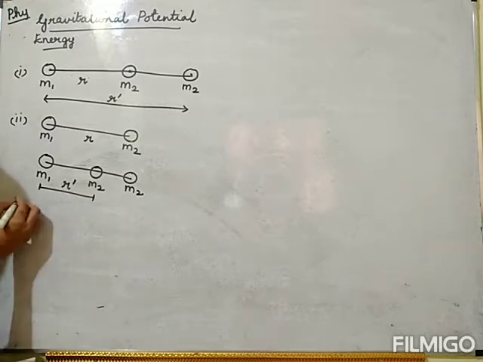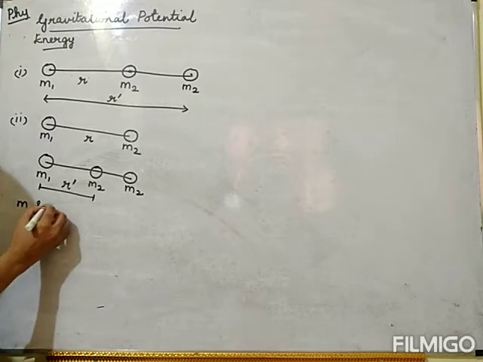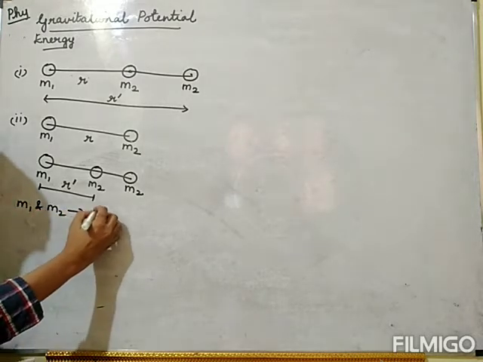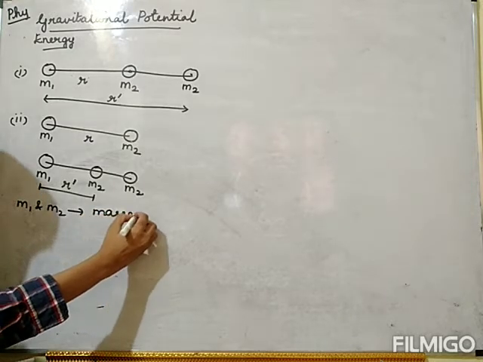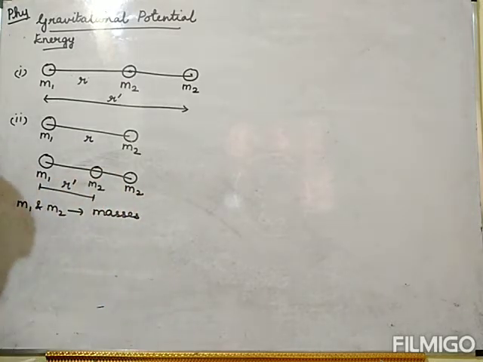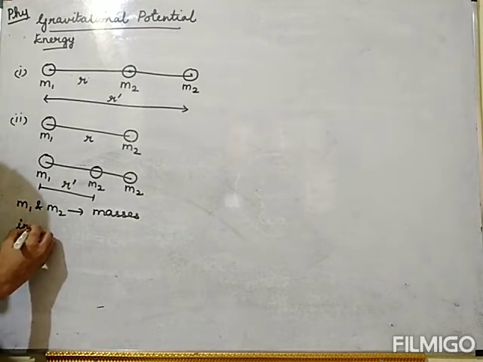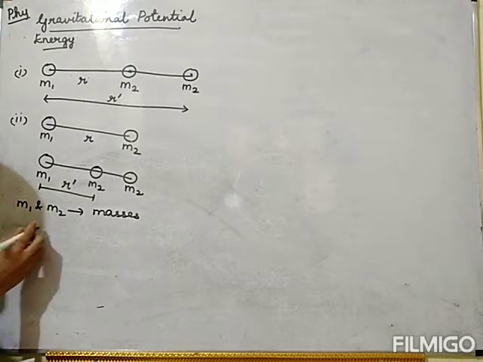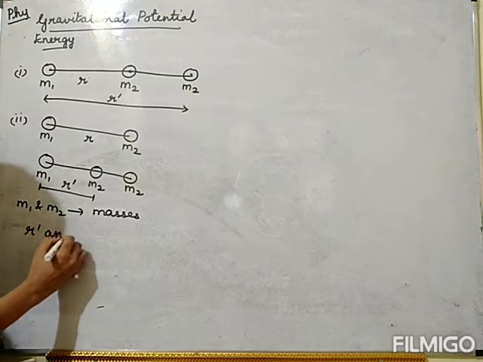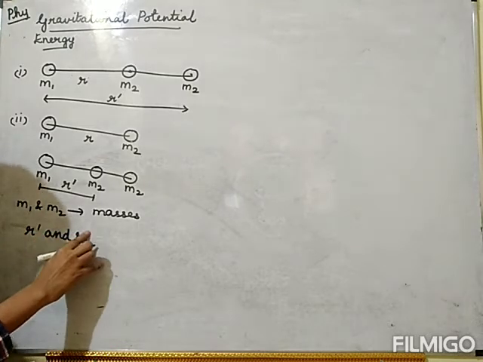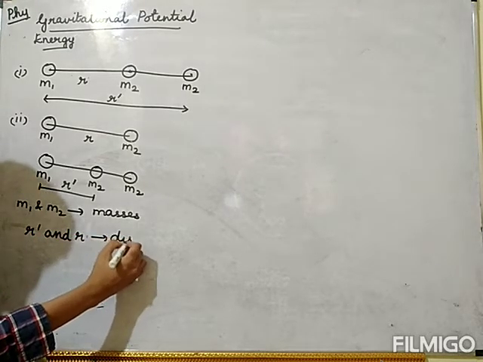So m1 and m2 are the masses. Let us take r dash and r as the distances between them.